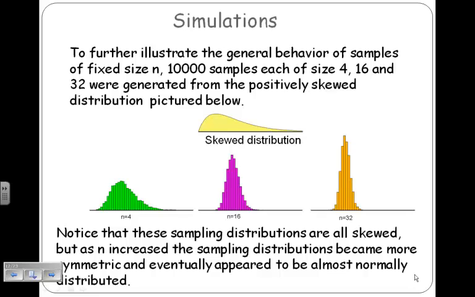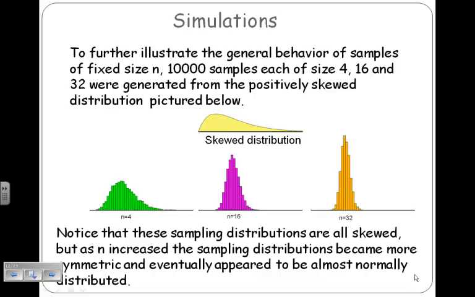So what this is telling us is that even if our distribution starts off being very skewed, either left or right, if I create a sampling distribution from that original skewed distribution, if the samples are big enough, I'm going to wind up with something that's approximately normal.